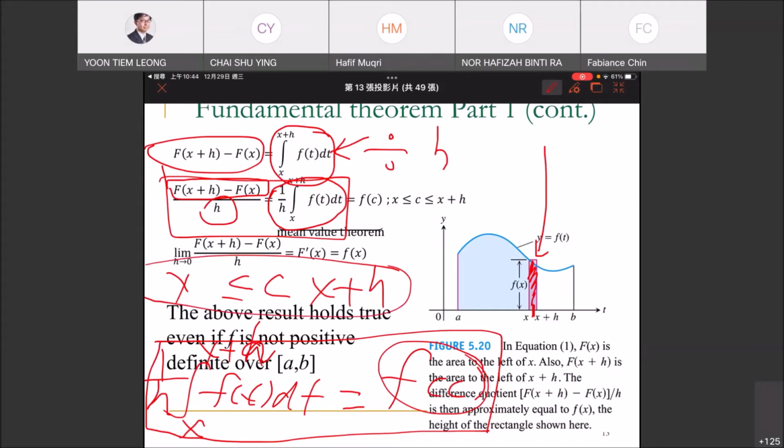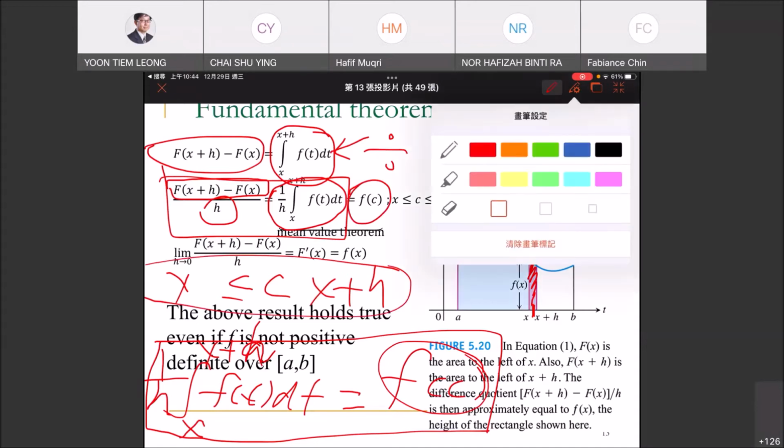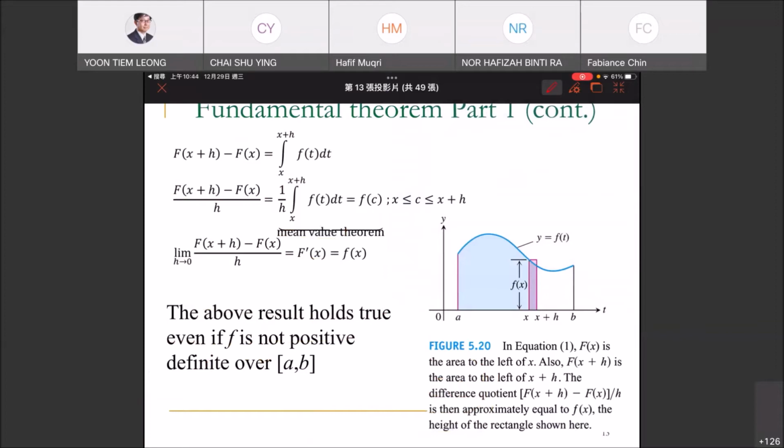So finally, you get this relationship saying that this expression must equal the value of f at c, where c is a number sandwiched between x and x plus h.